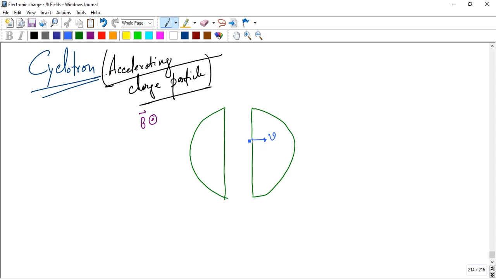Suppose the proton energy is 1 kilo electron volt. The magnetic field is out of the board, so the force is F equal to q v cross B. So v cross B, the force is downward, so the direction is in that direction.